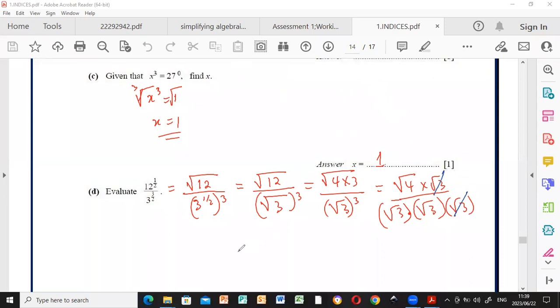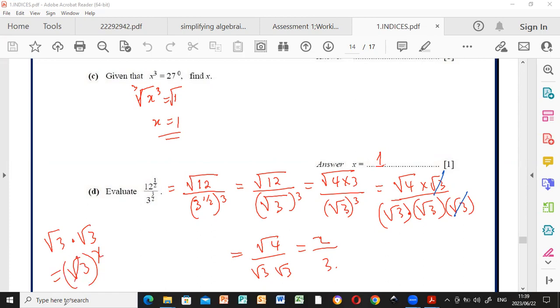What we remain with is the square root of 4 over the square root of 3 times the square root of 3. The square root of 4 is 2. And the square root of a number times the square root of that number gives you that number. Imagine the square root of 3 times the square root of 3: this is the square root of 3 in brackets squared, and the square and the square root cancel, so you basically get 3. So our answer is 2 over 3.